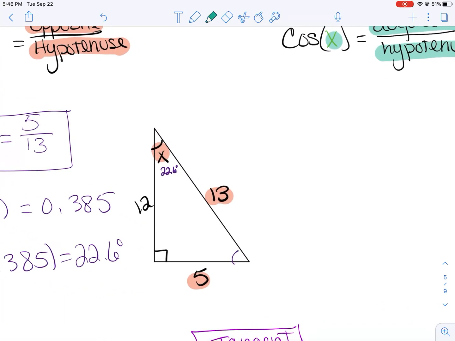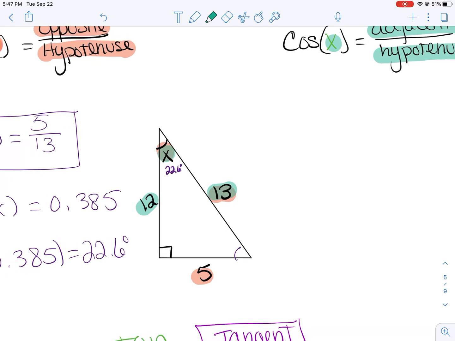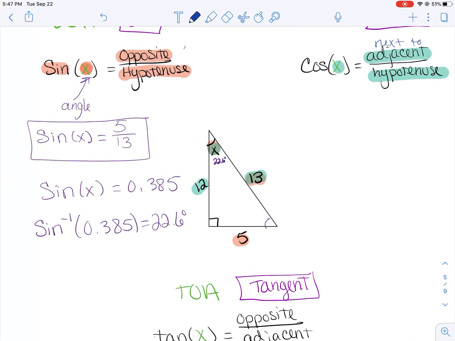So if we reference our triangle over here again, we're still looking at the same angle x. The side adjacent to angle x would be 12, right? 13 is technically also adjacent, but it's the hypotenuse, so we wouldn't give it two different names there.